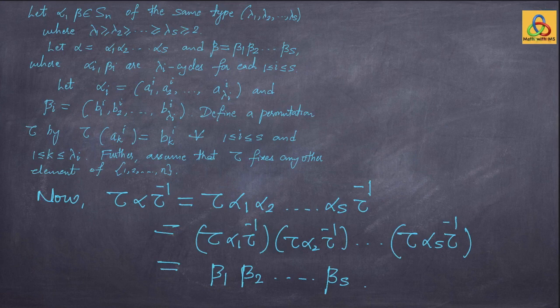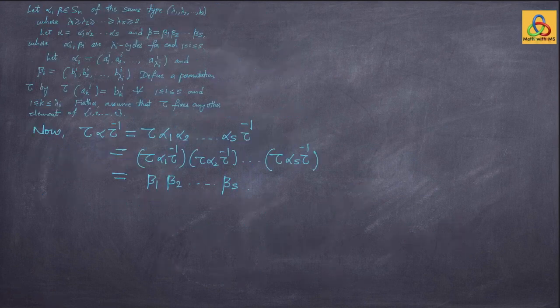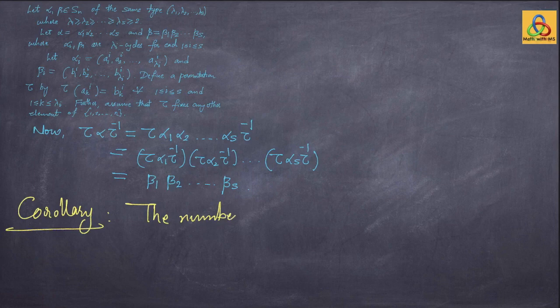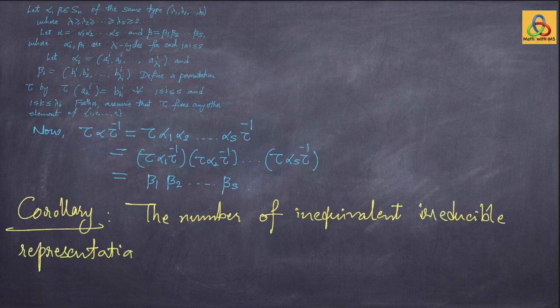Therefore, the number of inequivalent irreducible representations of the symmetric group Sn is the same as the number of partitions of n. So, corollary: the number of inequivalent irreducible representations of the symmetric group Sn equals the number of partitions of n, that is p(n).